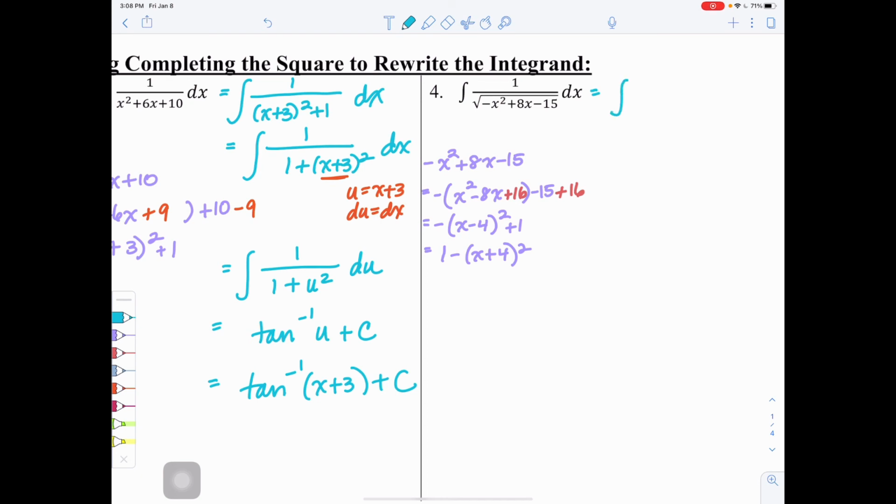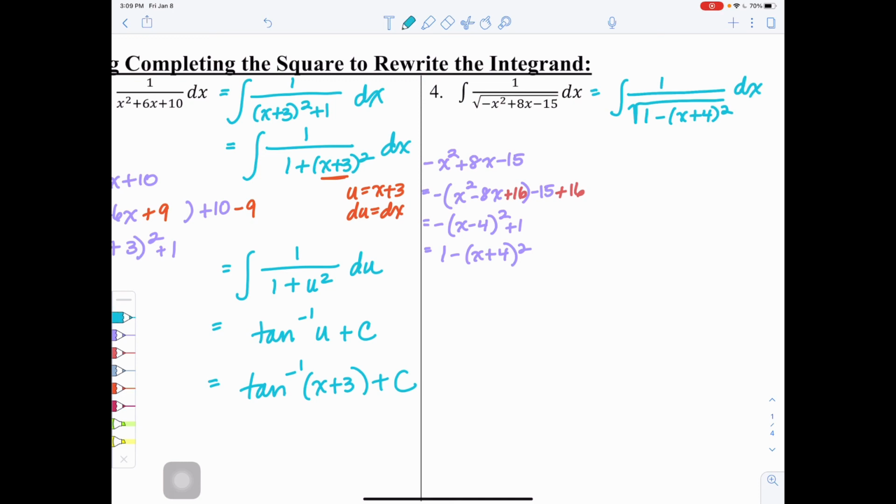This is equal to the integral of 1 over the square root of 1 minus x plus 4 all squared dx. Now, you can use u substitution, but once you see that the derivative of u is just 1, you can just write it without writing the substitution. You are really technically using integration by substitution.